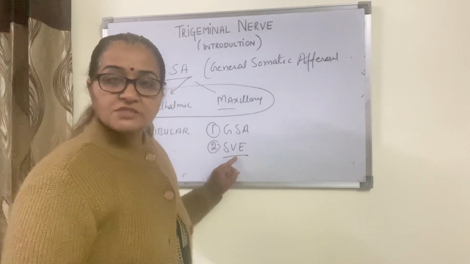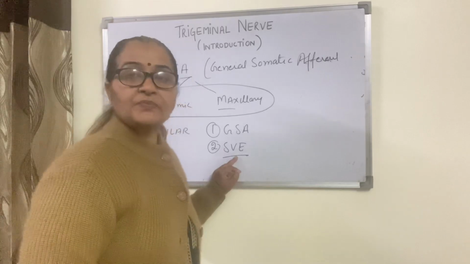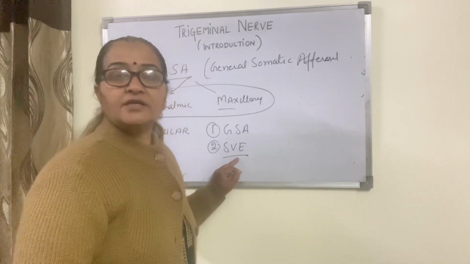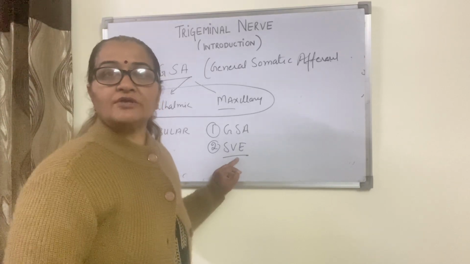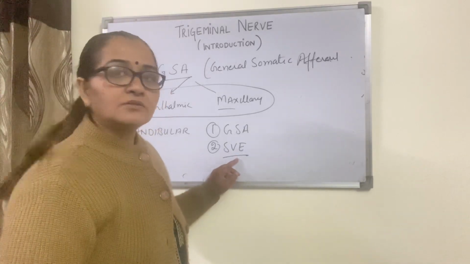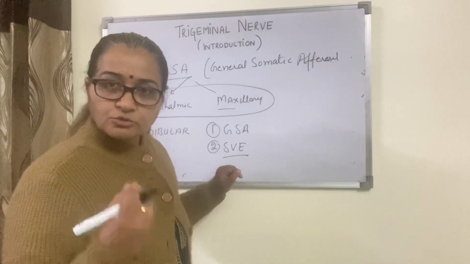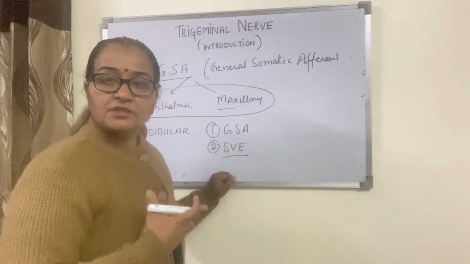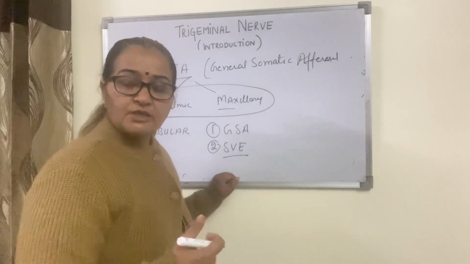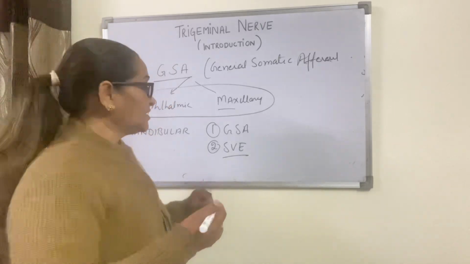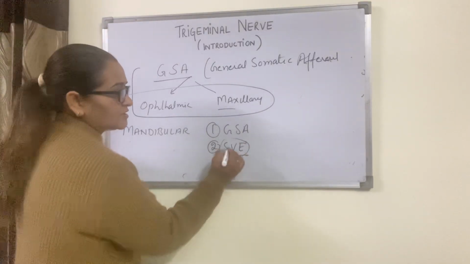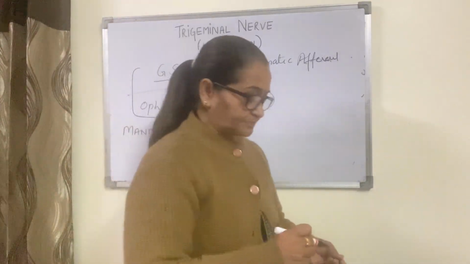So what are those muscles? That is the muscles of mastication, then the anterior belly of digastric, tensor tympani and tensor veli palatini. So these are basically the two tensors, the anterior belly of digastric, and the muscles of mastication, that is masseter, medial pterygoid, lateral pterygoid and temporalis. They are supplied by the mandibular division and they are categorized under special visceral afferent.